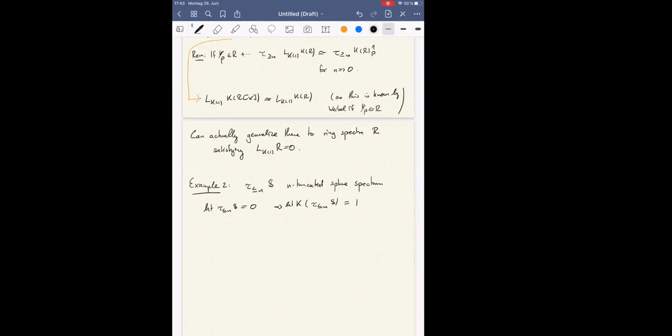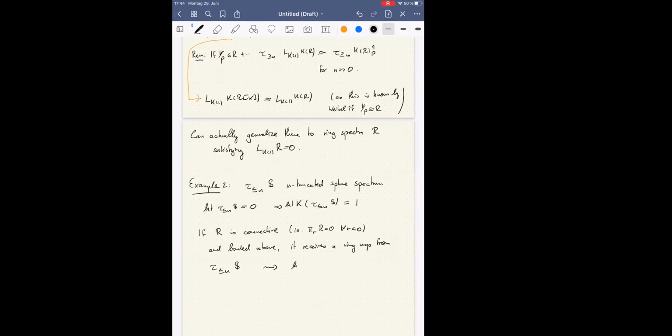And so if R is connective, i.e. pi_* R is 0 in negative degrees, it receives a ring map from some truncated sphere.